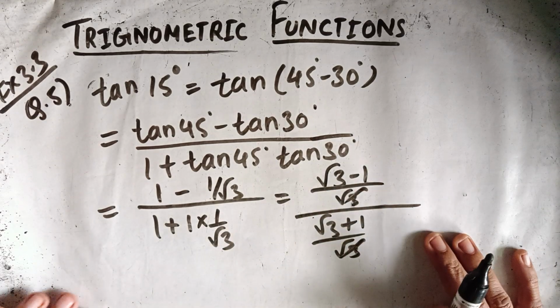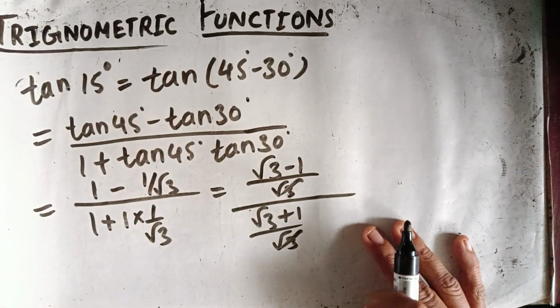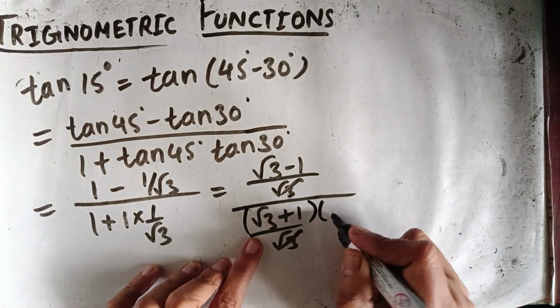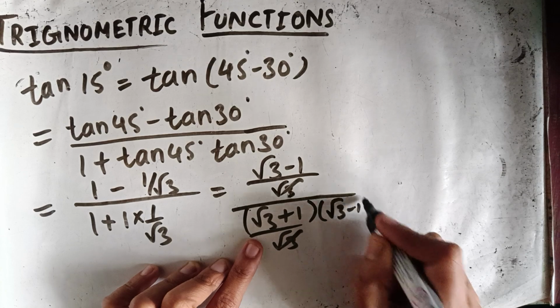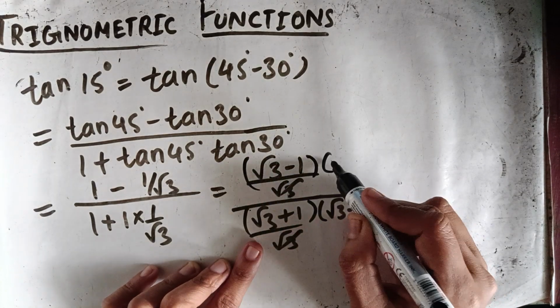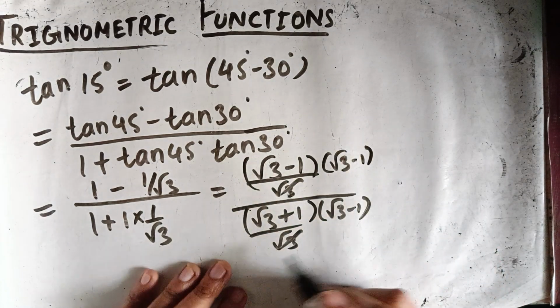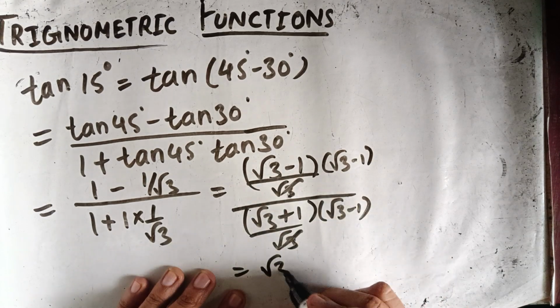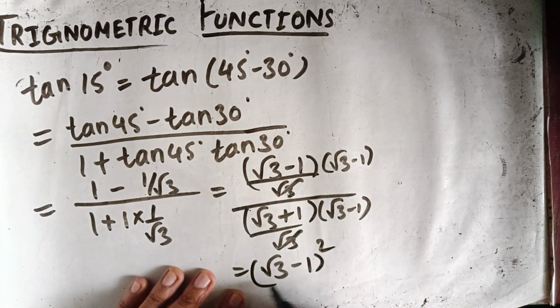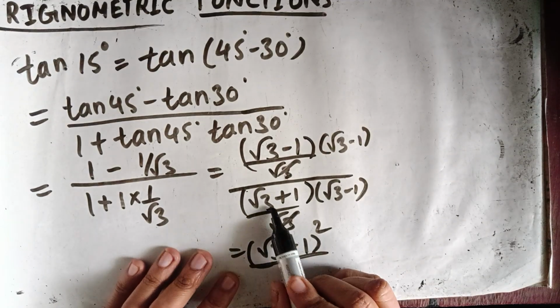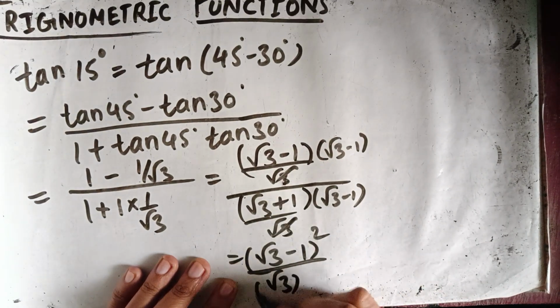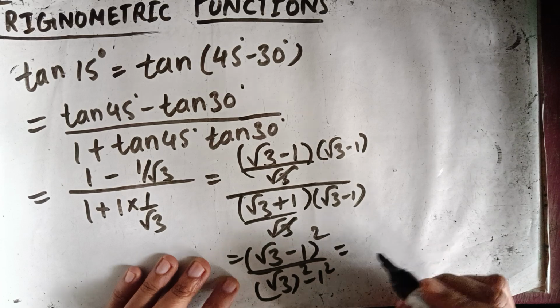Root 3 you can cancel. Now you can rationalize this. So you have to multiply by root 3 minus 1, numerator and denominator. So in this you can write root 3 minus 1 the whole square upon a plus b a minus b. So root 3 square minus 1 square.